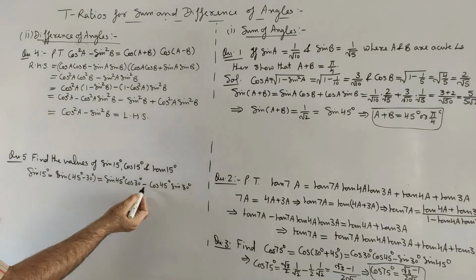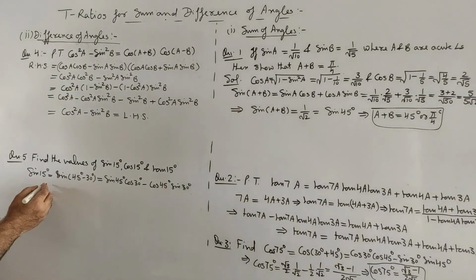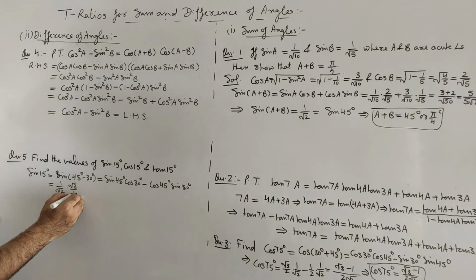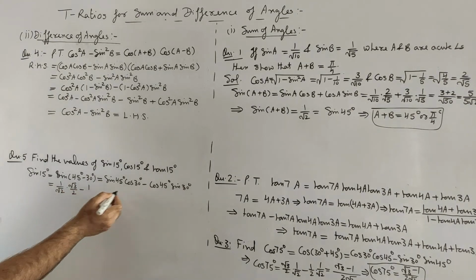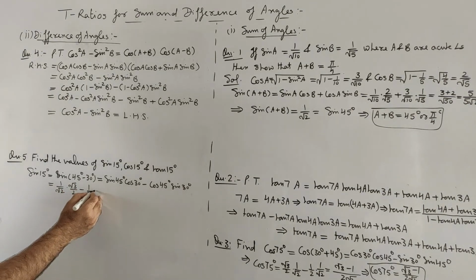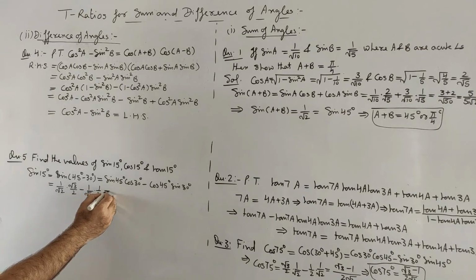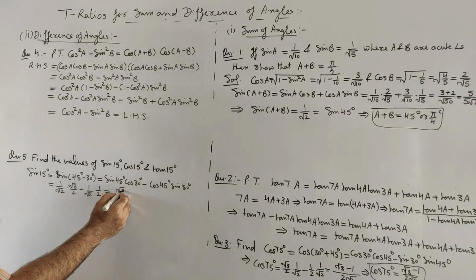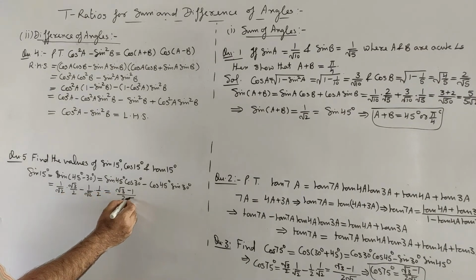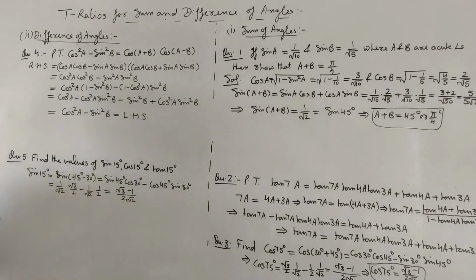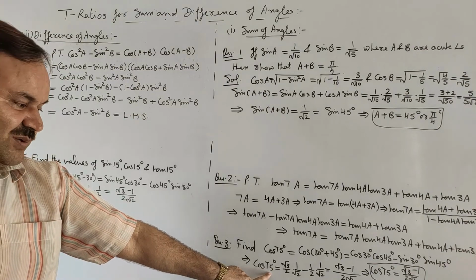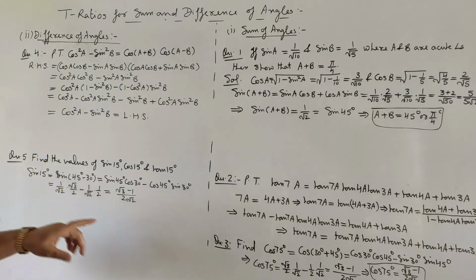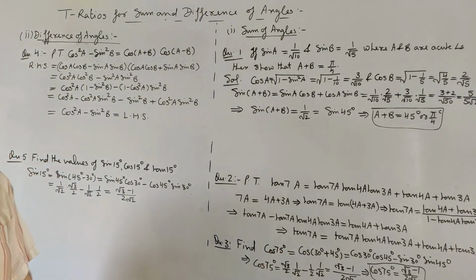Sin(a minus b) is sin a cos b minus cos a sin b, and sin 45 is 1 by root 2, cos 30 is root 3 by 2, minus cos 45 is 1 by root 2, sin 30 is 1 by 2. This is equal to root 3 minus 1 upon 2 root 2. And since 15 degree and 75 degree are complementary, sine of one is equal to cos of the other.